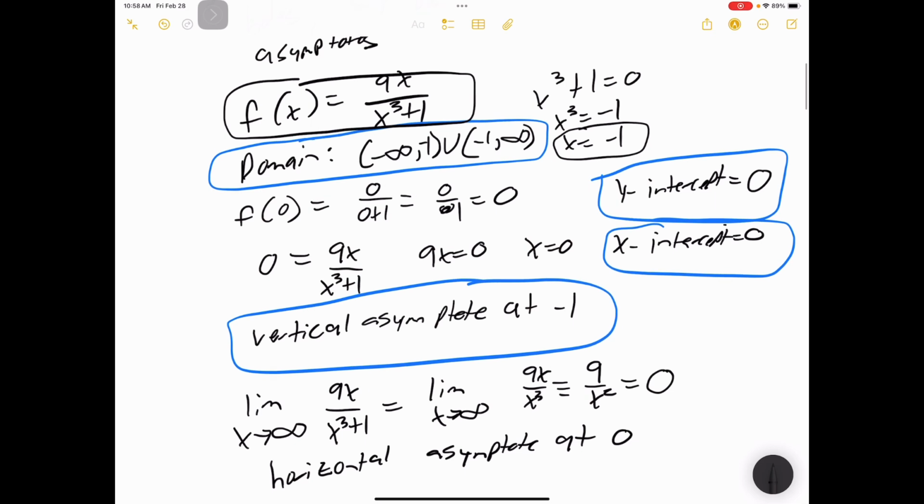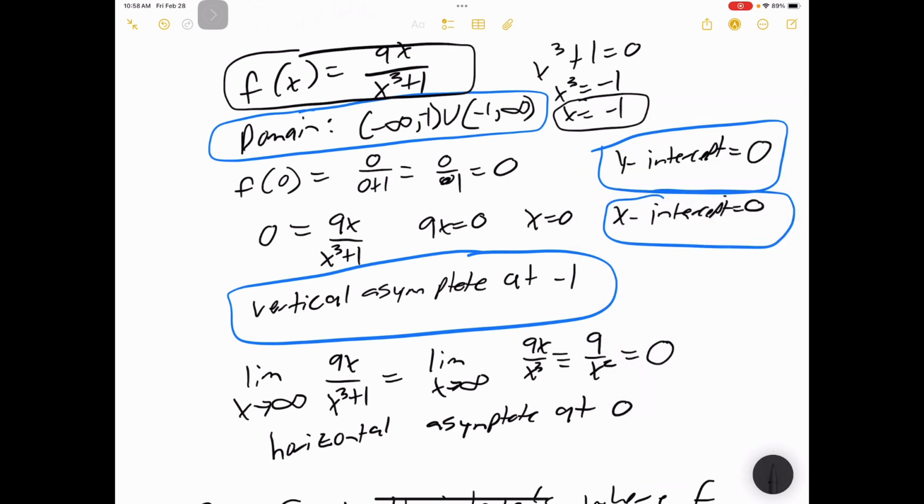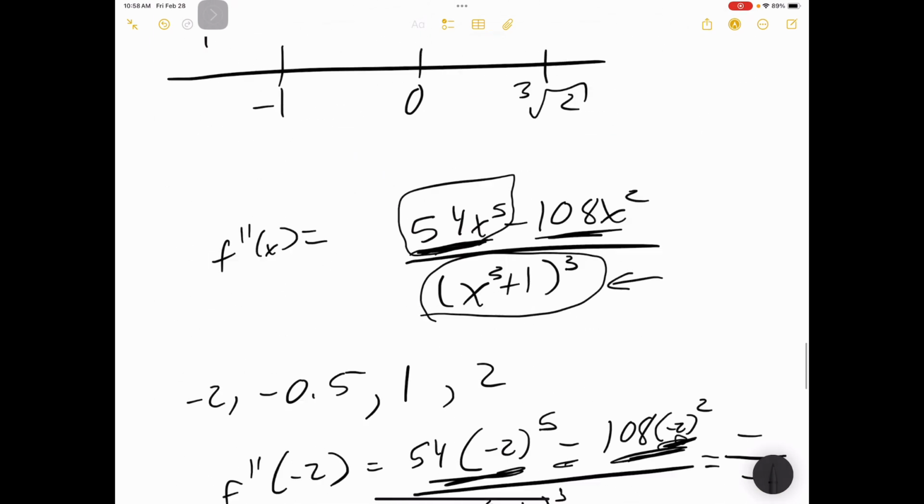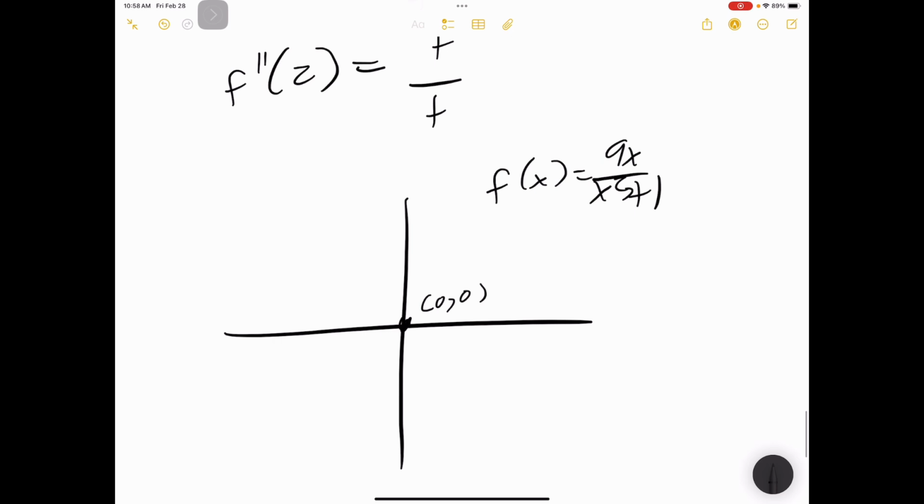The next piece of information, we also found the domain, which was that we had a vertical asymptote at -1. So let's go to the point -1 and put a vertical asymptote here.